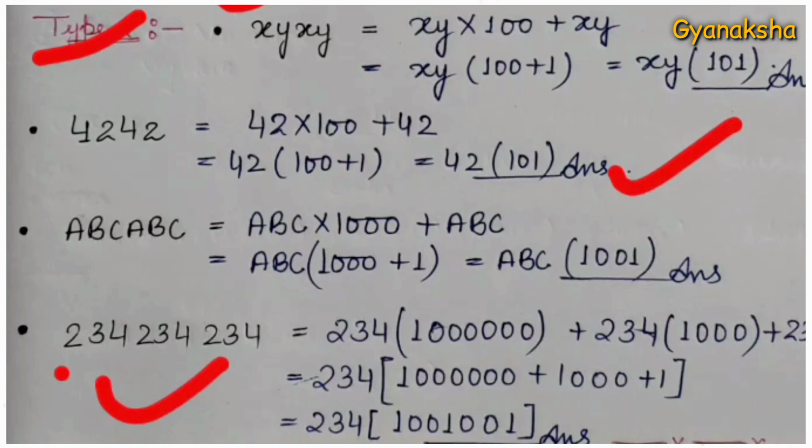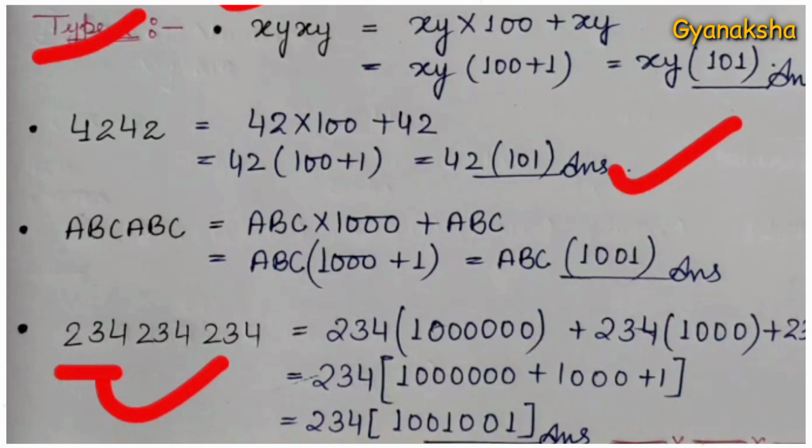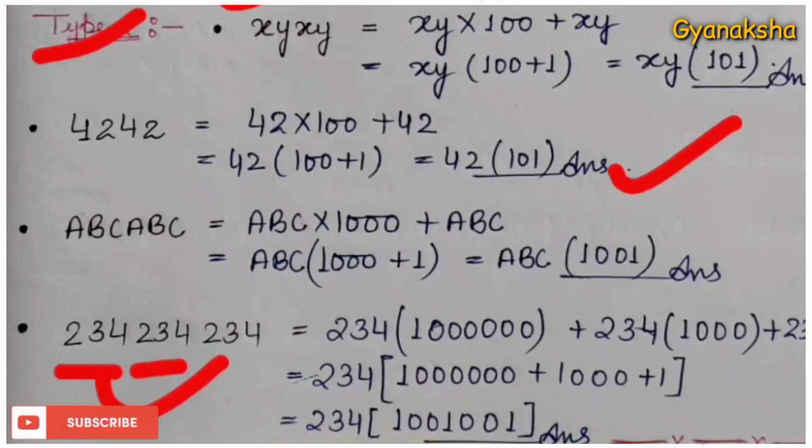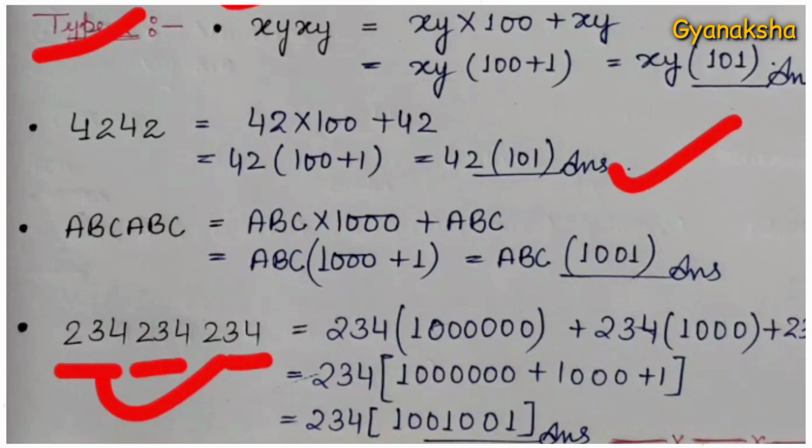You just see the first 234, after which we have to add 6 zeros. In the second one we have to add 3 zeros after it. And the third one we are considering at the ones position. So you will get the answer as 234 times 1001001. These two questions of type 2 you have to do as practice and comment the answer in the comment box.